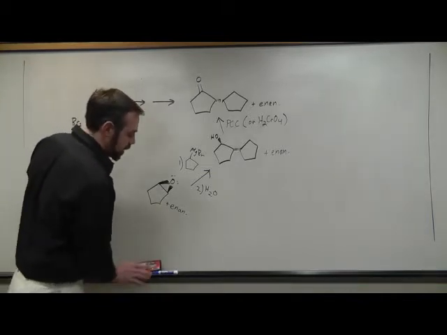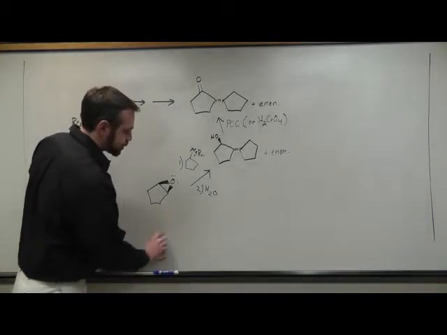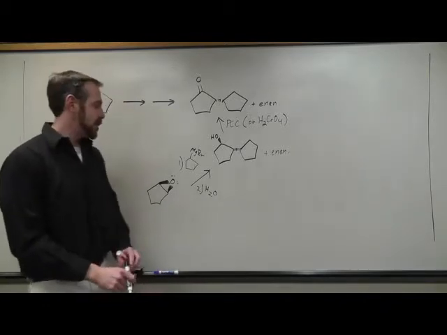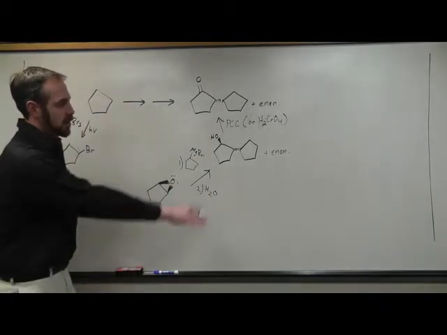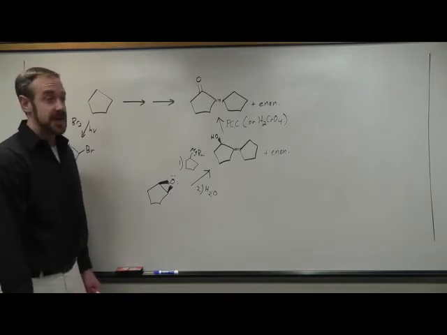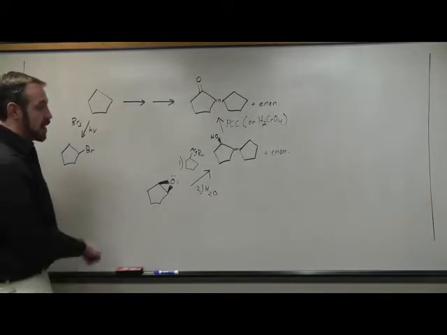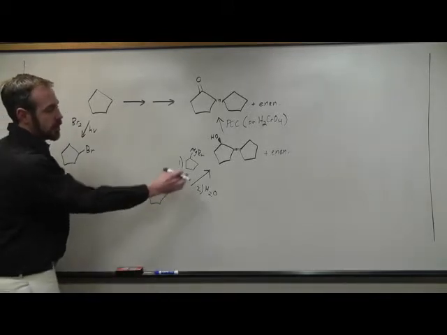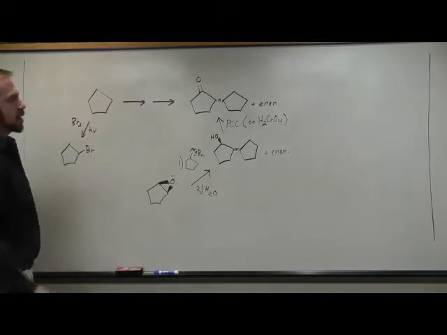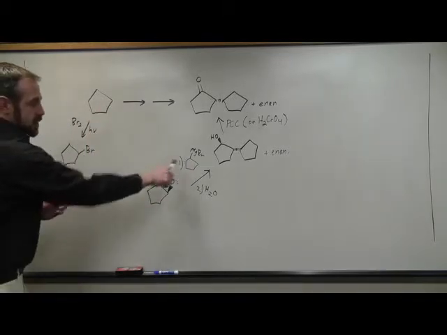This is a meso compound, so there would be no enantiomer there. But we would get a mixture depending which carbon it attacks. Now we have to figure out how to make both of these from our starting cyclopentane. Well, this one's easy.